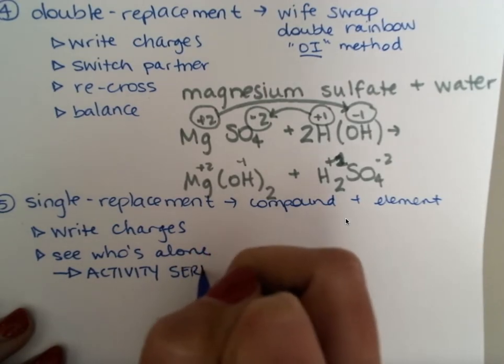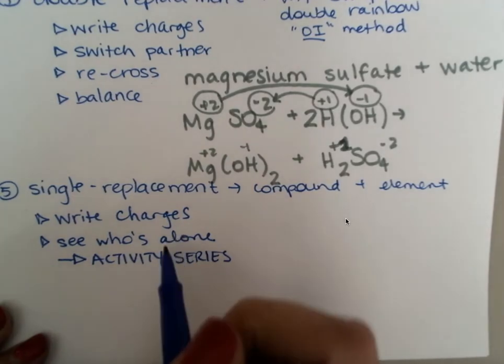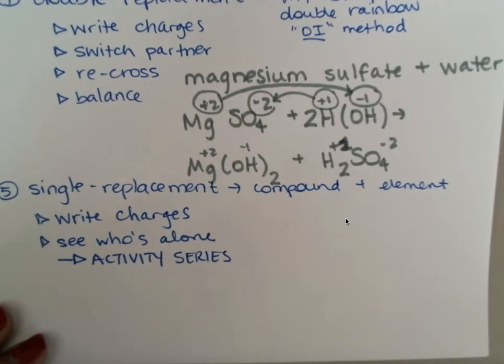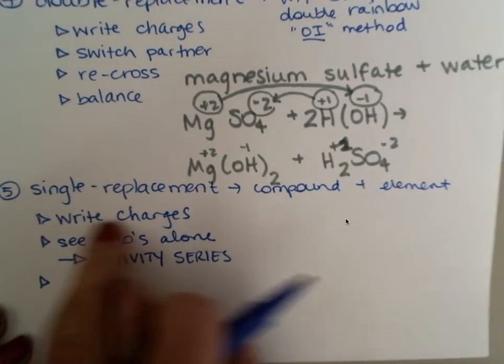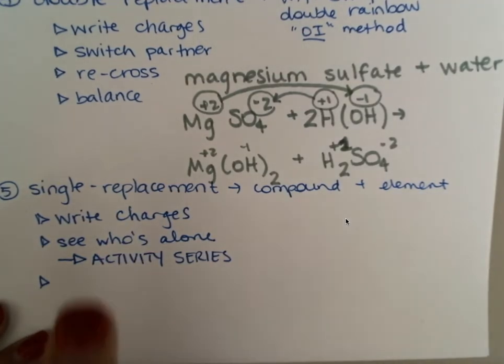Check your activity series to see if the reaction occurs. Remember, if it's higher, that reaction does occur. If it's not higher, then they will not replace. Okay. After you know the reaction occurs and you have your charges, again, you always want a cation and an anion together, right?